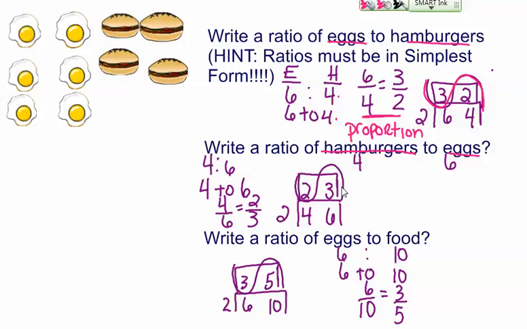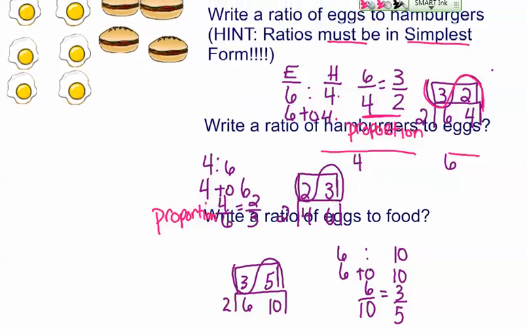So my ratio is really 2/3. Well, 4/6 equals 2/3. And again, this is a proportion because it's 2 ratios that are equal to each other. The right answer, though, is 2/3 because our answer has to be in simplest form.